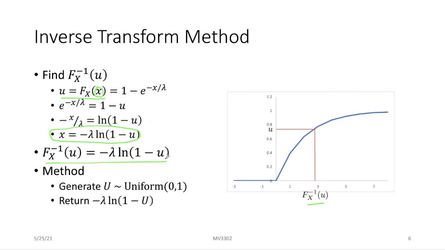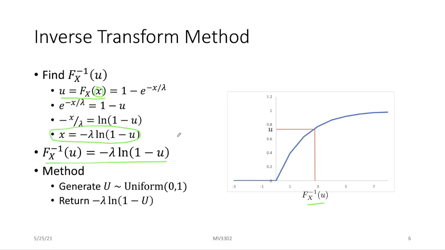And so our inverse function, the inverse of the CDF function, is minus lambda times the log of 1 minus u. Now, the minus should cause a little bit of concern. Why? Because the values have to be positive, and because the values have to be positive, we see a negative, and we need to make sure that this expression is always going to be positive. So now let's look at this log of 1 minus u.